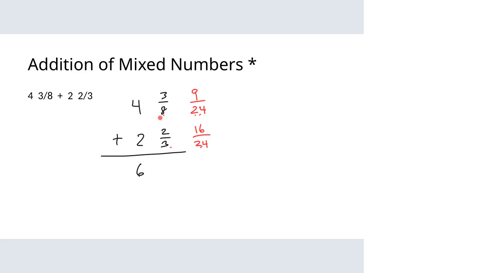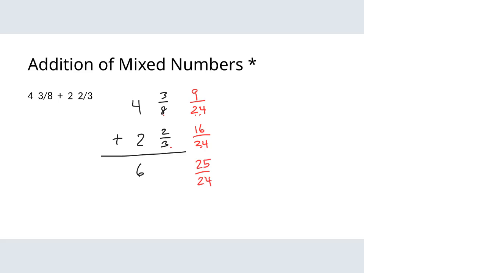What we've done here is rewrite 3/8 as an equivalent fraction, 9/24, and rewritten 2/3 as an equivalent fraction, 16/24. We do that so that we can add them since they have a common denominator. Then we'll add those. 9/24 and 16/24 will be 25/24.